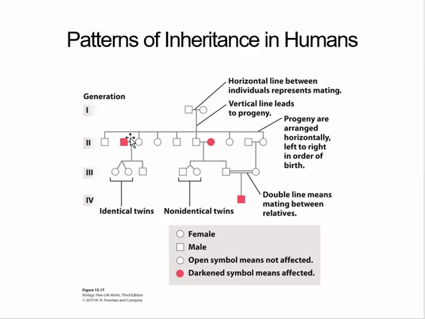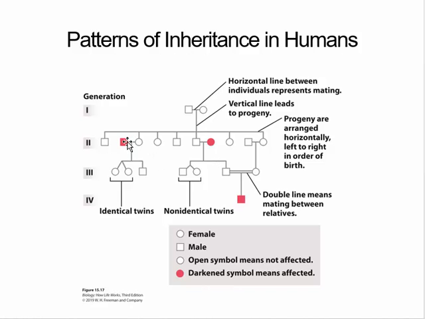And we can see another thing appear here, these red squares and red circles. This would be an affected individual. For whatever trait we happen to be interested in or talking about, that's just a way to highlight, hey, here's where this phenotype or trait appeared.